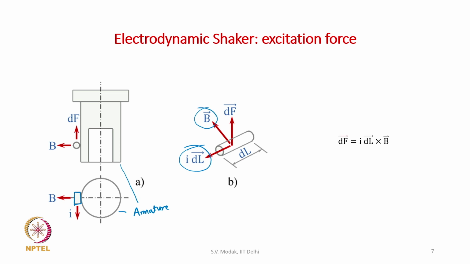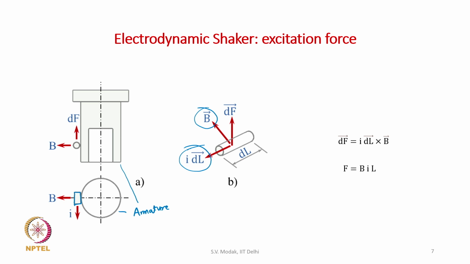So, the force produced on the coil is given by the cross product of the current element IDL and the magnetic field vector, and therefore dF will be perpendicular to both, in the vertical direction.